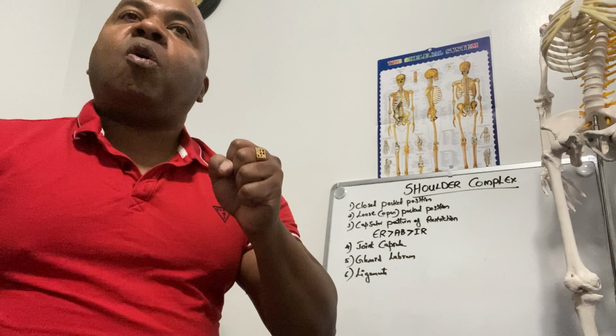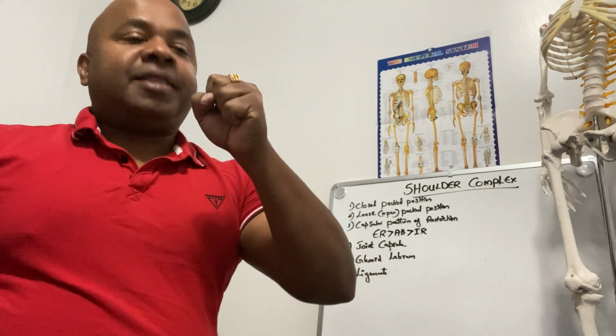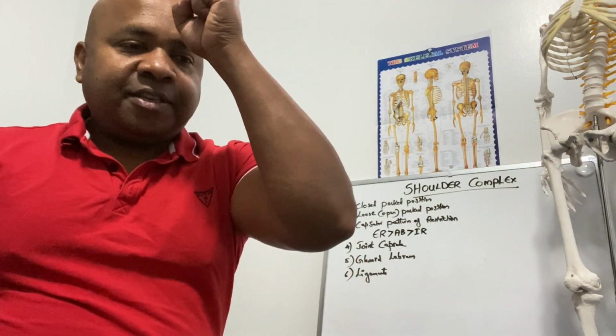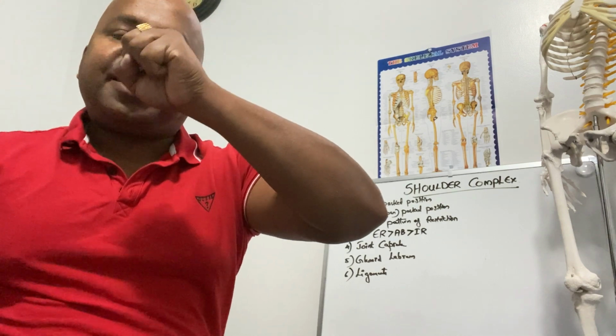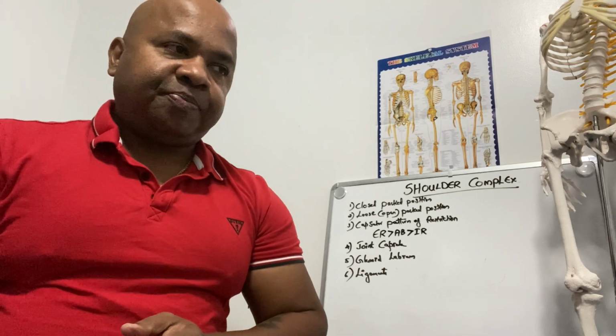Thirty degrees of flexion, 60 degrees of abduction, and slight internal rotation is considered the loose packed position of the shoulder joint.